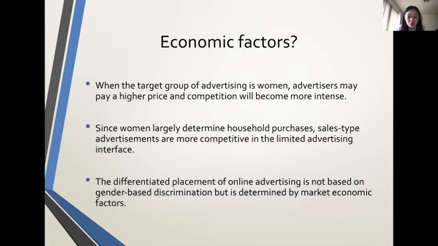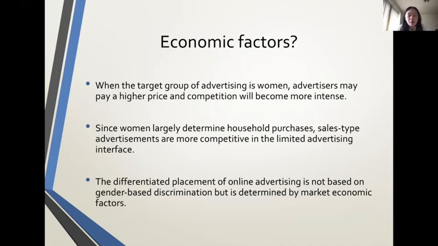So the researchers first tested whether men are more likely to click on this type of ads. The answer is negative. Women are more likely to click on this type of ads. More men can see these ads because advertisers are more inclined to place sales type ads to women within a limited budget.